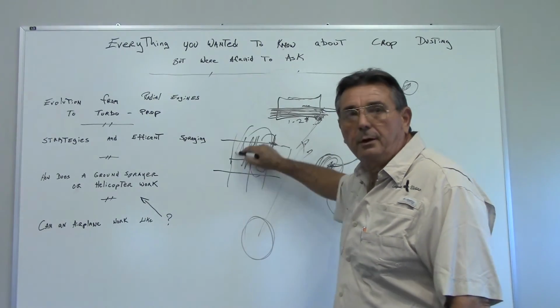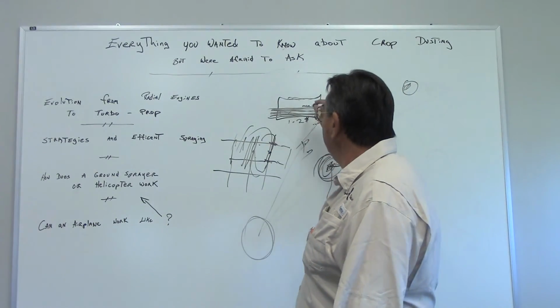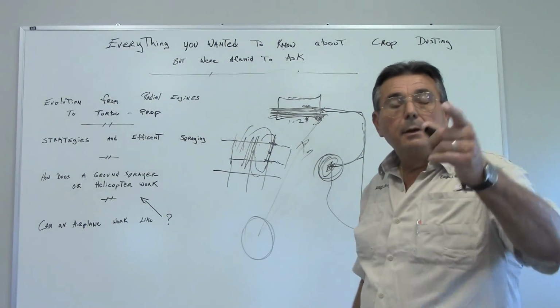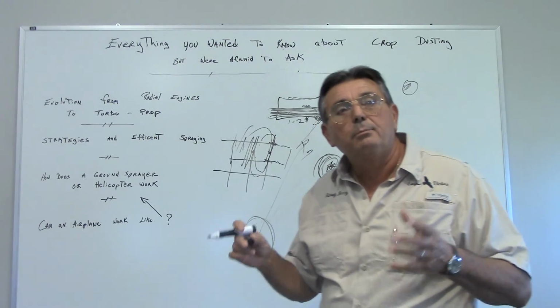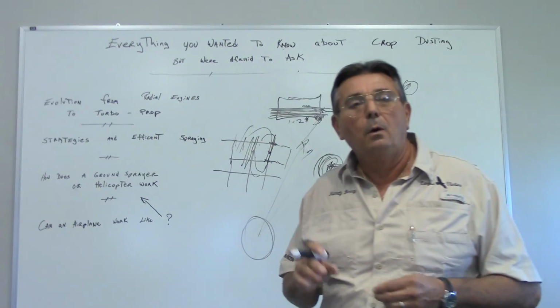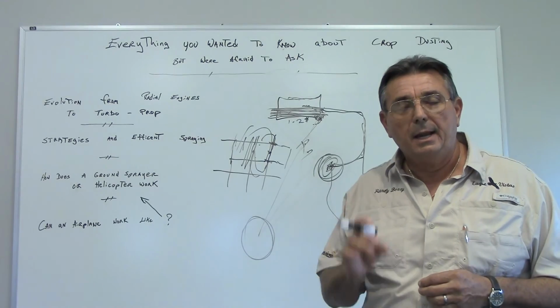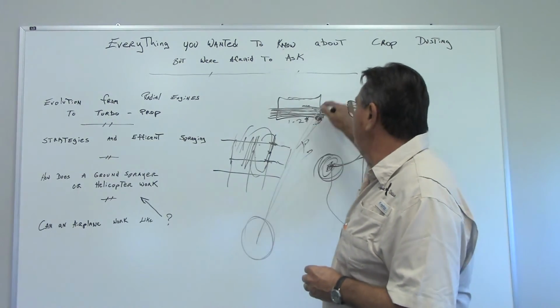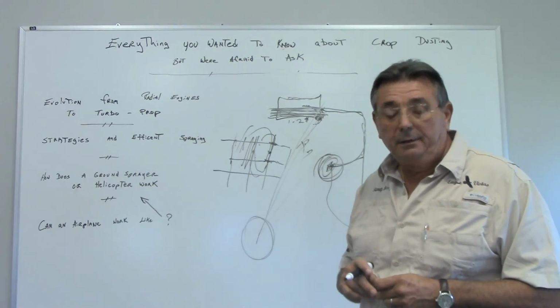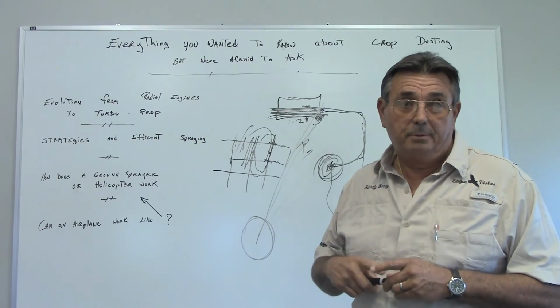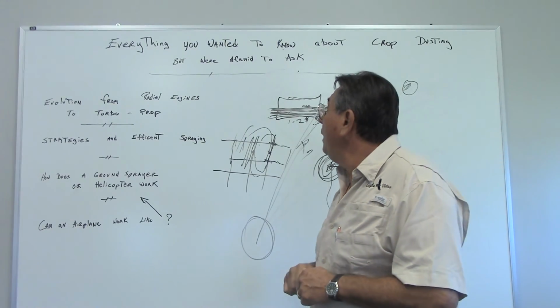Land, load, take off, start spraying. So now you're working like the helicopter, and like your ground equipment, so you're much more efficient and you're not losing a whole lot of wasted time, money, and effort ferrying 20 and 30 miles to get to the place, because that is the very worst part of efficiency.